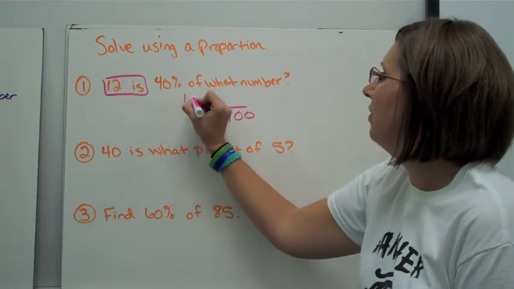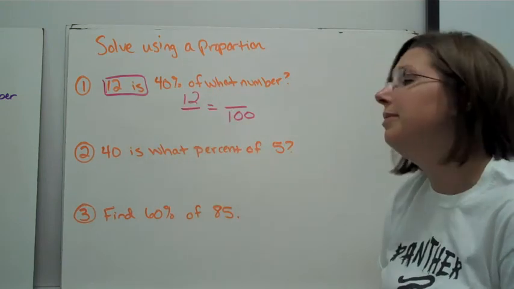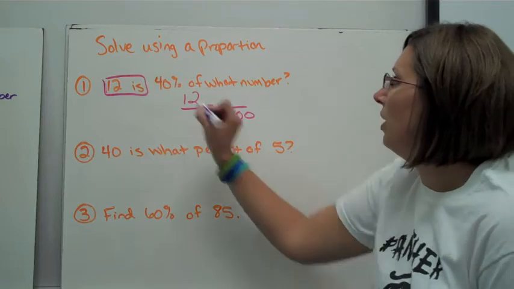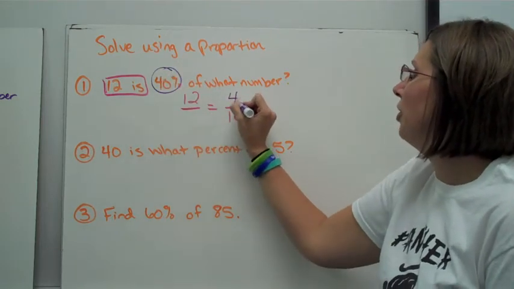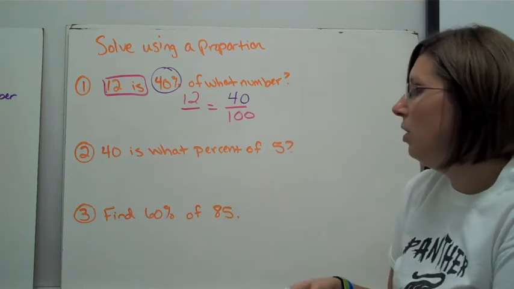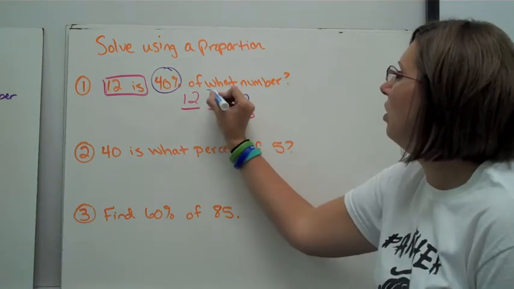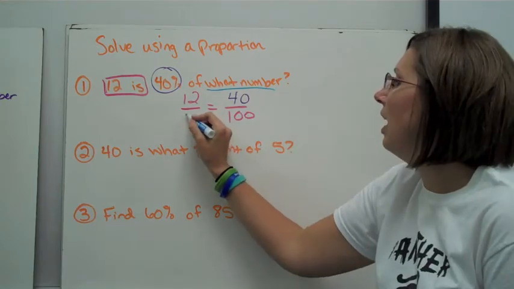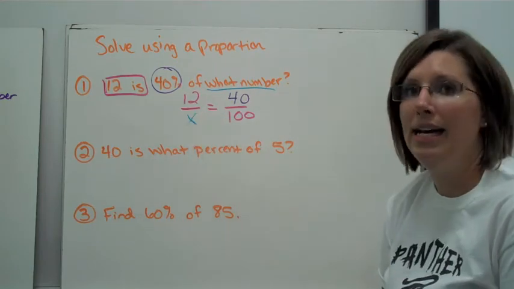Is over of equals percent over 100, so 12 is my is. My percentage is 40. Remember, your percentage always goes above your 100. Of what number? That's what I'm looking for. I don't know what my of is, so in that of location, I'm going to put an X.